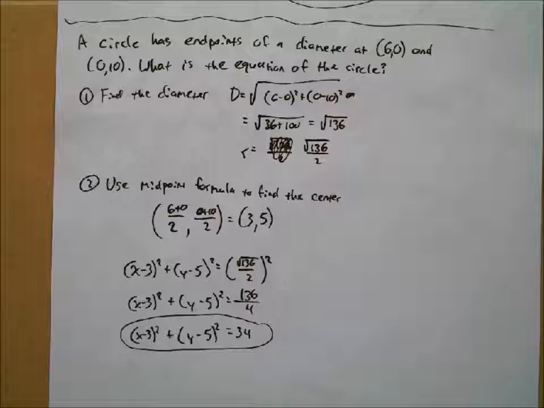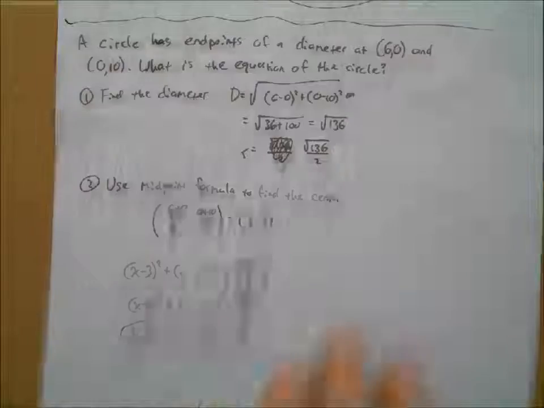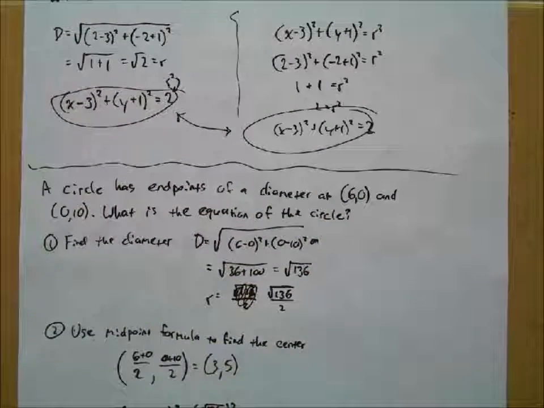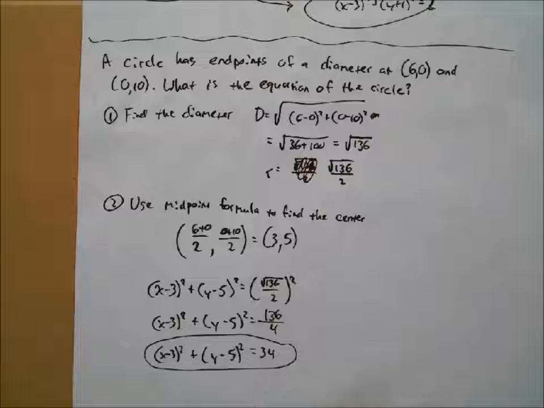So that's the other way you could do this. Midpoint first, and then do the distance from the midpoint to one of the points on the curve. Or you can do like Andrea suggested earlier, where you find the midpoint and then plug in either 6, 0 or 0, 10 into the equation, and then solve for the radius that way as well. So either way.